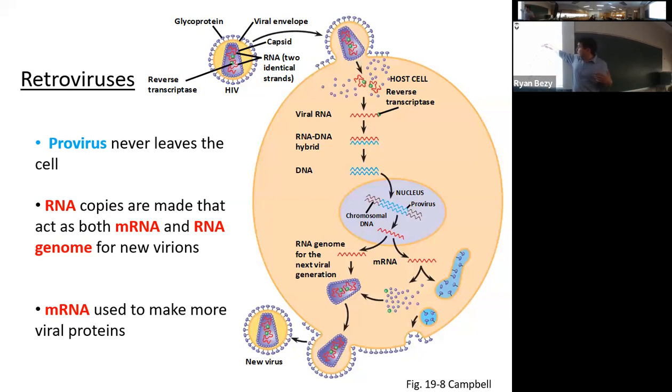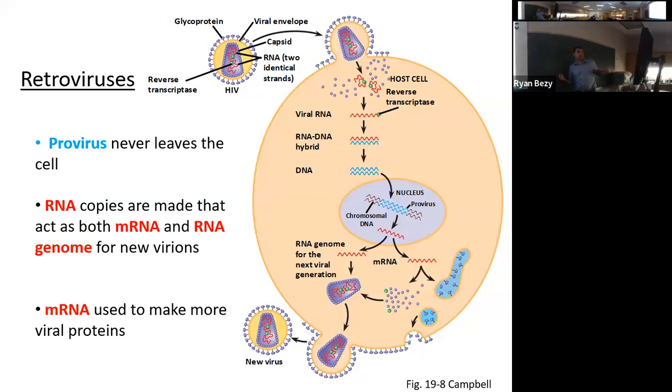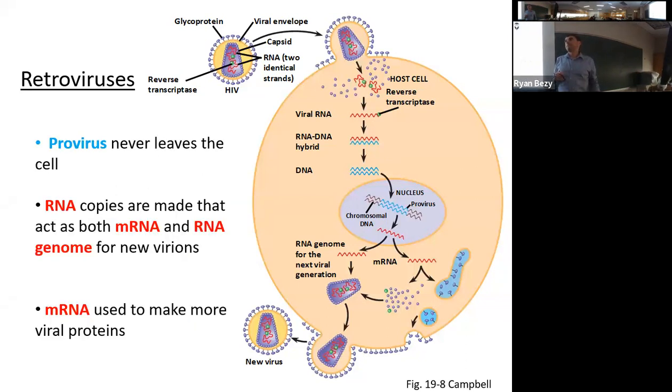So a messenger RNA copy gets made off the provirus. Some of that will get used to make viral proteins, and some of that will just become genome for new virion particles. Questions about that?